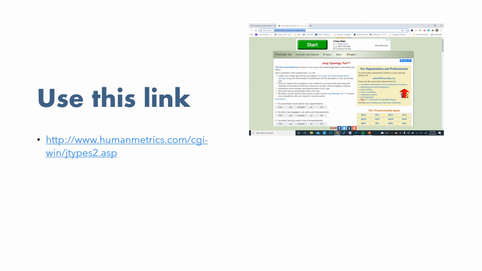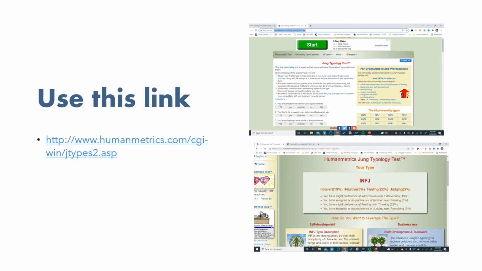So try to answer the questions with an open frame of mind. When you do that, you'll notice that you will get 4 letters. These 4 letters are the Human Metrics Jung Typology letters that make up what's called a personality type.